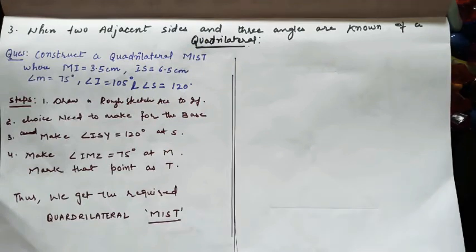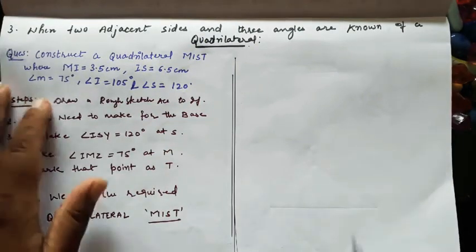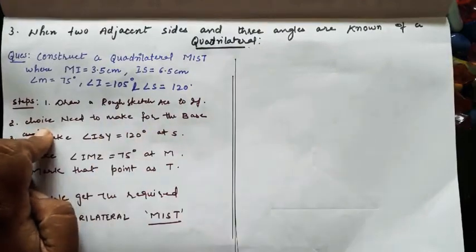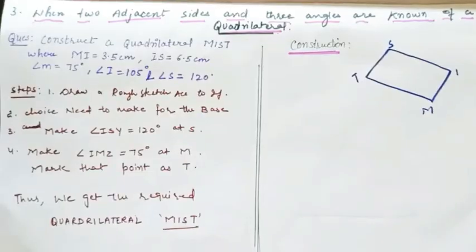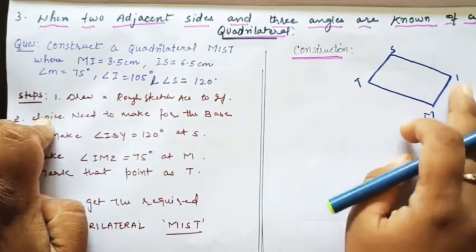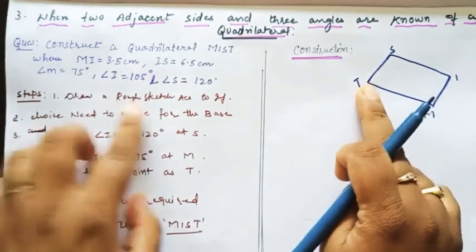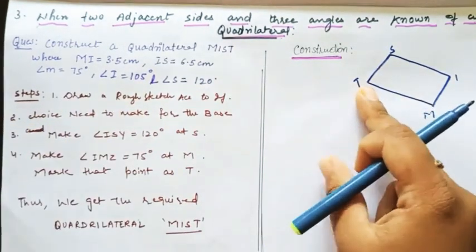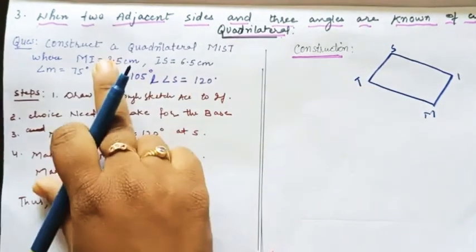So the first step is to draw a rough sketch. I have drawn one quadrilateral, MIST, and according to the given information I will mark its measurements.